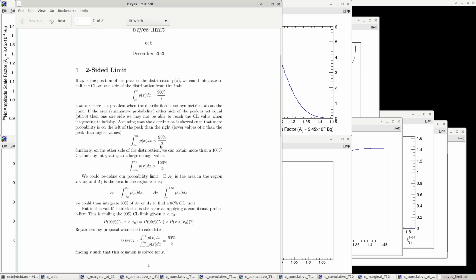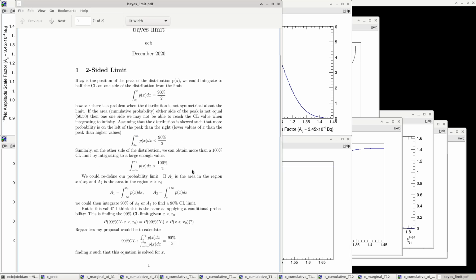So on one side, if we went to a high enough significance level, we wouldn't be able to find a limit. We wouldn't be able to solve for x0, we wouldn't be able to solve for x, which would go here, because if we go out to infinity, we can't reach that confidence level limit.